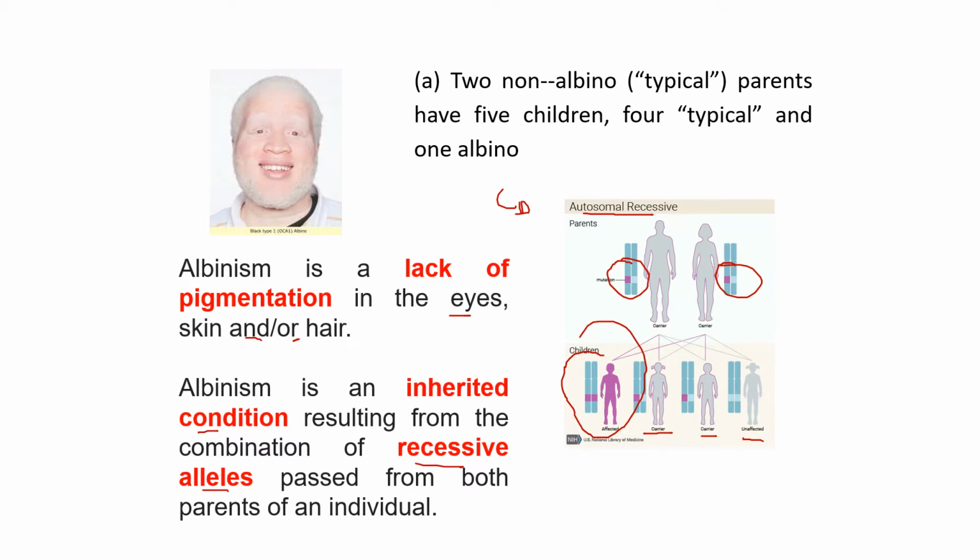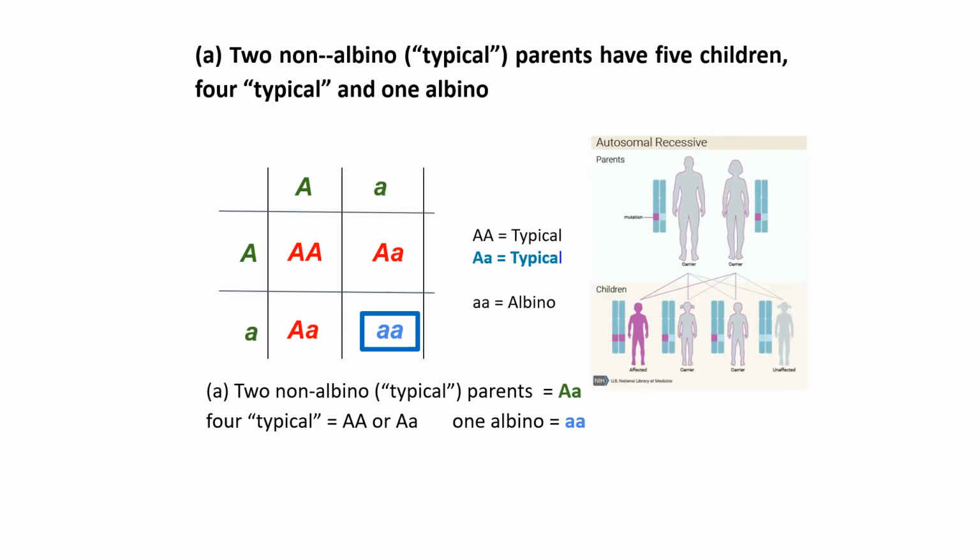In this case, you have two non-albino parents with children where four are typical and one is albino. So how do you get those? This is pretty easy. You have two non-albinos, suppose this is the male and this is the female, and both should be carriers of the recessive allele. Why? Because you have four typical children.